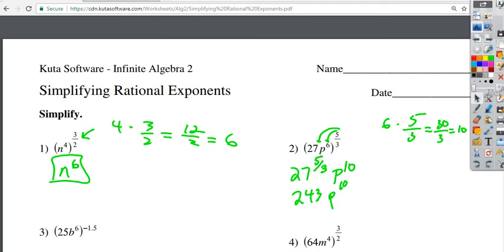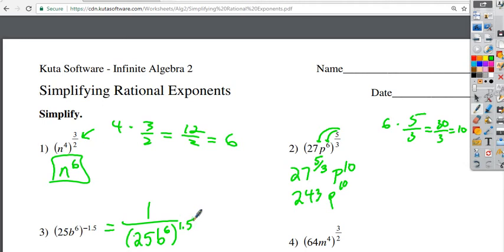So number 3 is 25b to the 6th raised to the negative 1.5. Now you can go ahead and put that in the denominator because you have a negative exponent. When we do that, it's 1 over 25b to the 6th to the 1.5. Can we go ahead and multiply that out? You can.